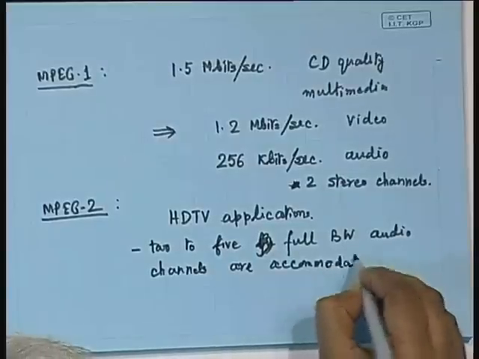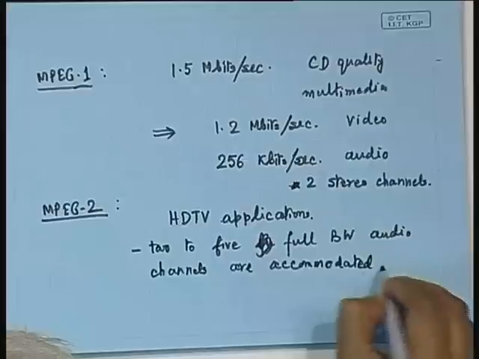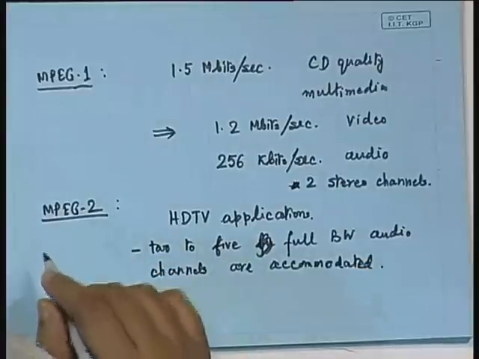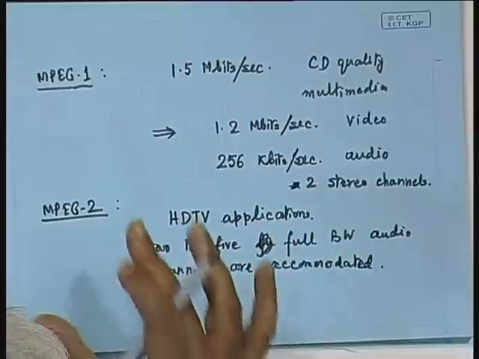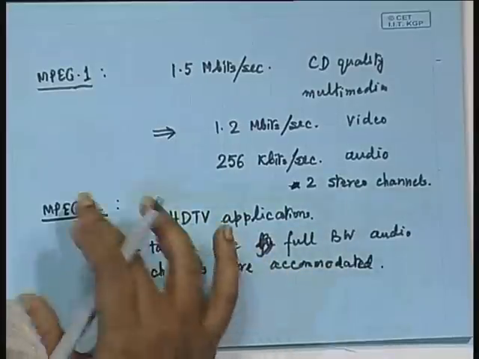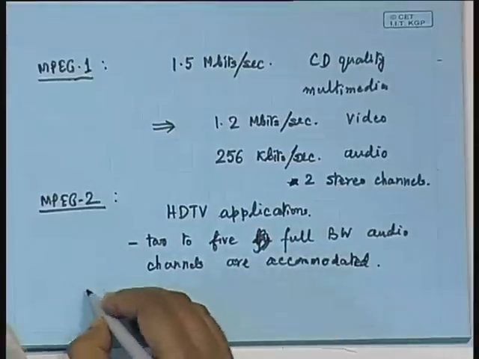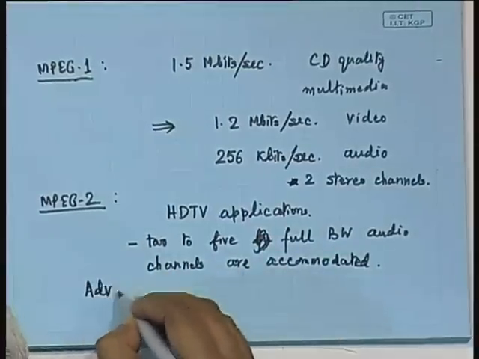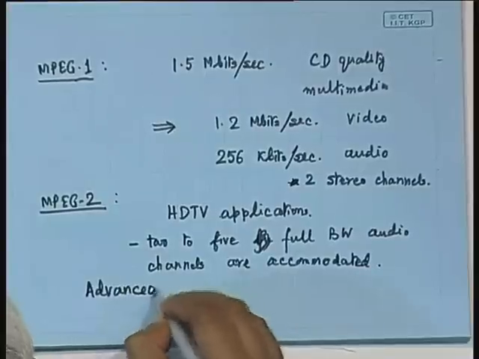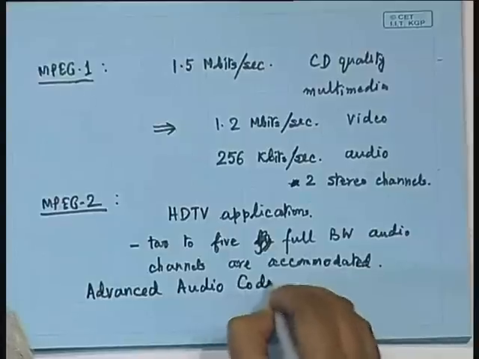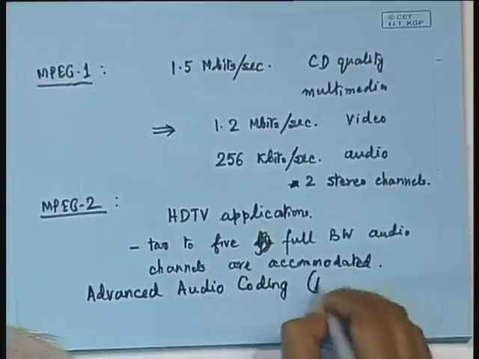okay, and there are certain coding tools that have been specified under MPEG 2, and that comes under the advanced audio coding of MPEG 2. So advanced audio coding, or in short form it is called the AAC.